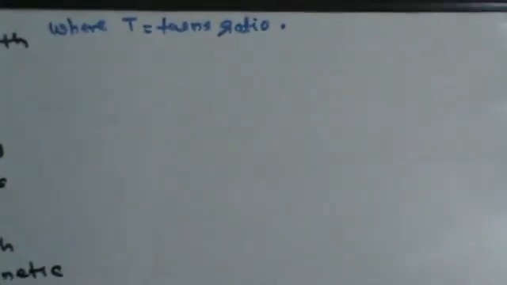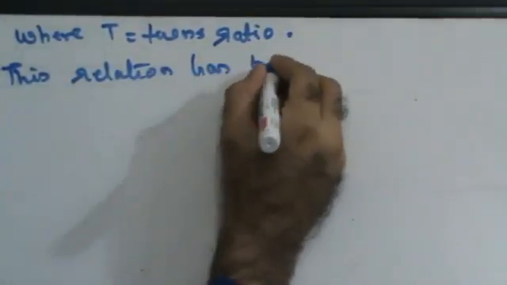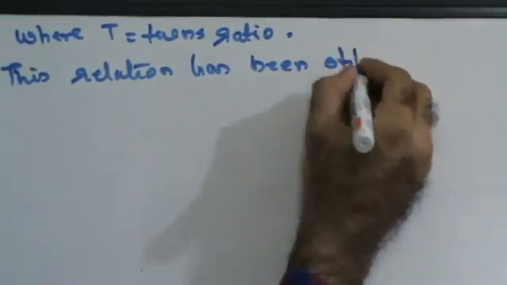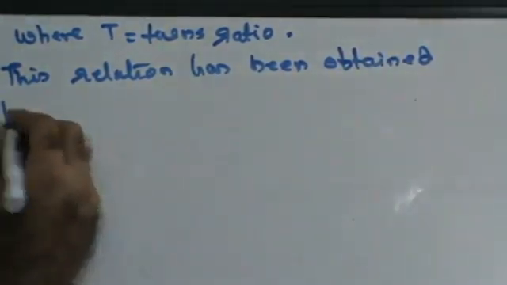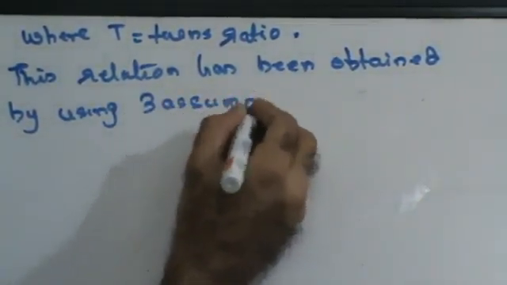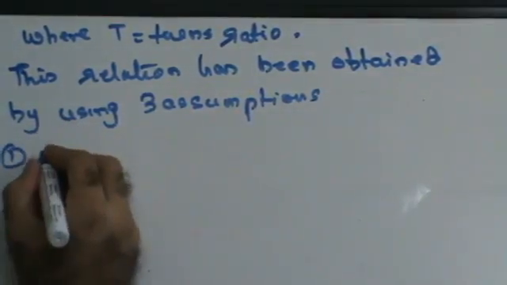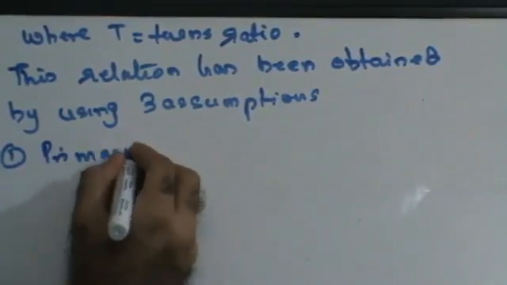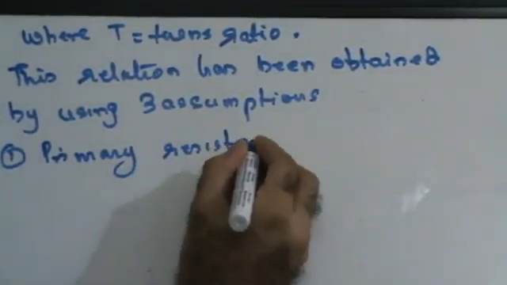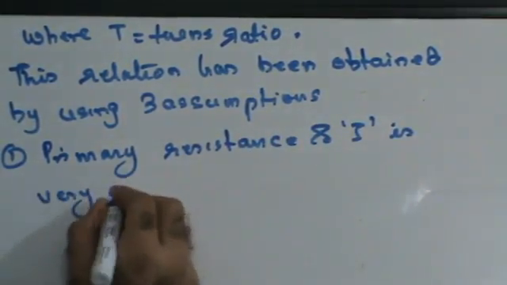Right? Once I know this, I can say that this relation has been obtained by using three assumptions. One, the primary resistance and the current is very small.